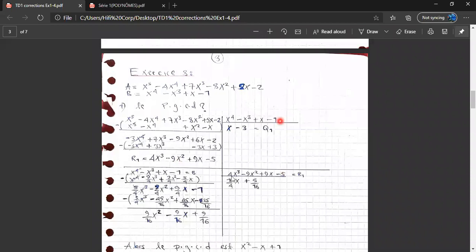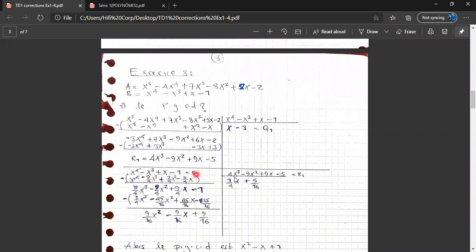So we put the one which is dividing on this side. So 4x to the power 3 minus 9x squared plus 9x minus 5, which is the remainder one, and our b is x to the power 4 minus x to the power 3 plus x minus 1, which is equal to our b here.